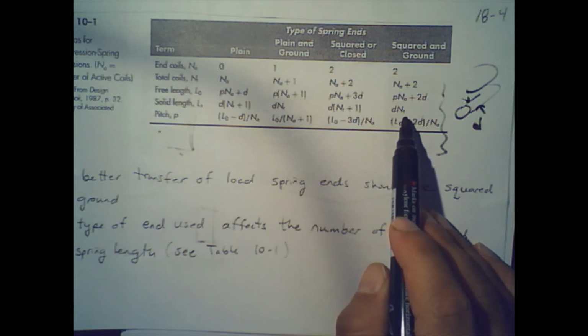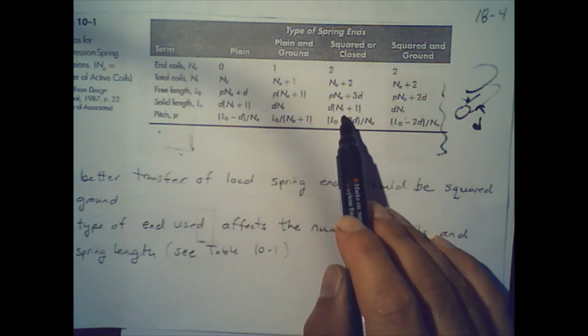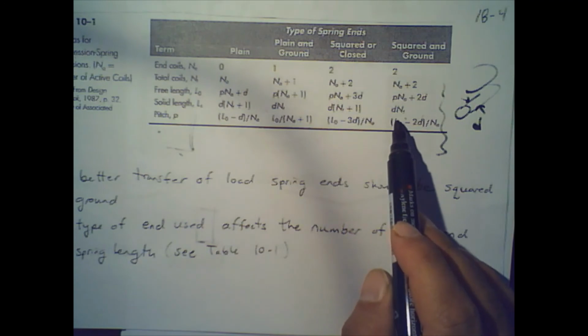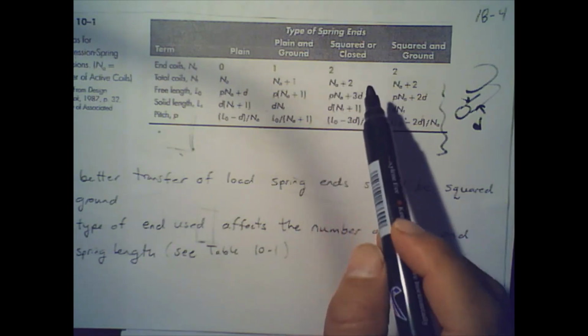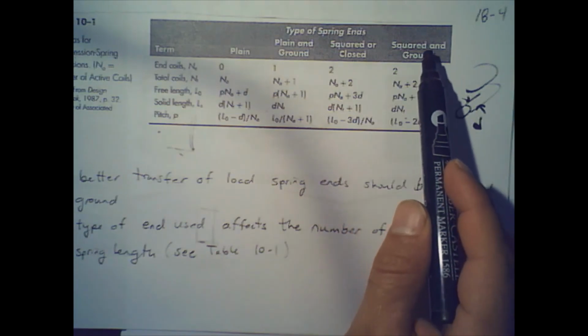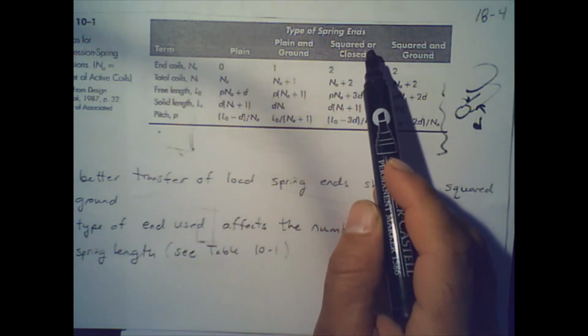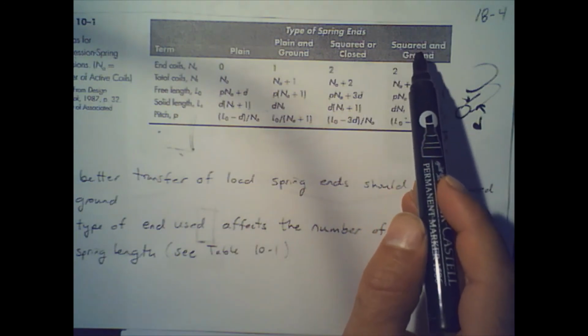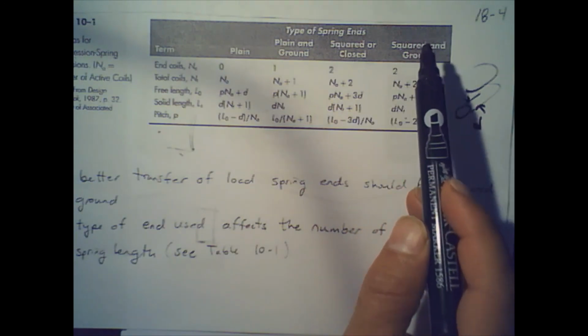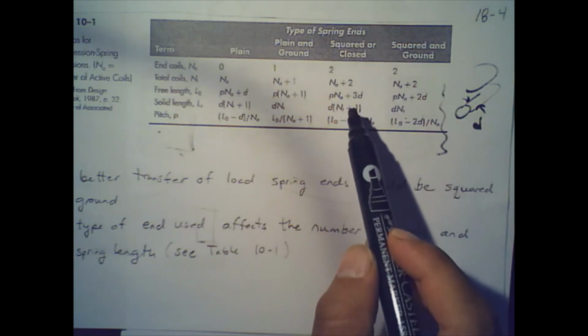In the case of our spring, it could be either D times NT plus 1 or D times NT. But in our example, they don't really say if it is squared and ground. They tell you simply it is squared or closed, right? So on the exam, I will tell you if it's ground or not. If it's squared simply, then it's not ground, then you have to use this.